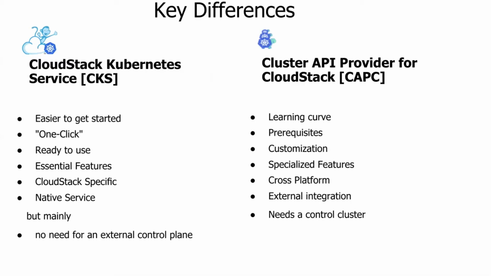Whereas with CAPC, you need to first learn about Kubernetes a lot. You need a control plane of your own, which of course can be a virtual machine inside CloudStack. There's no issue with that, but you need to install it and make sure that it contains the right tooling. If you have done that, you can customize it and use all the intricacies of Kubernetes to get your environment running.